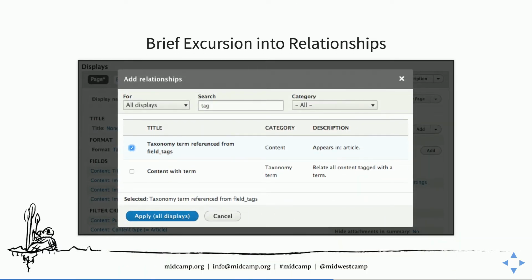We're going to briefly do an excursion into relationships at this point because it's relevant for what we're doing. So what we're trying to set up here is the ability to provide kittens as part of the URL and have it load as just kittens.